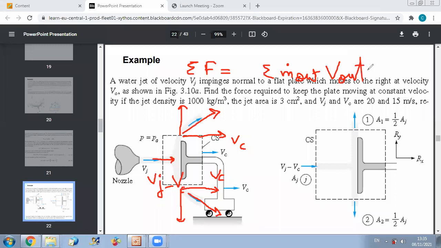We mentioned that whenever the control volume is moving at a constant velocity, for V out and V in we can use either absolute velocities or relative velocities for both.